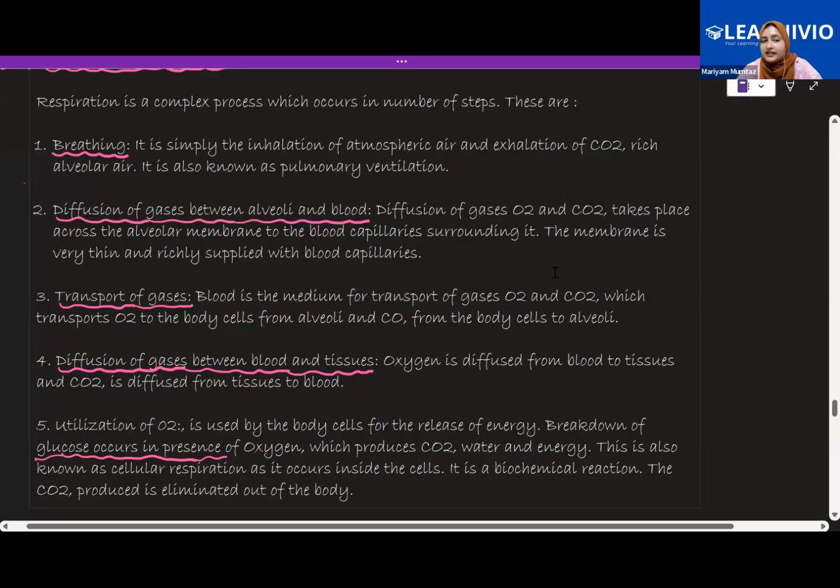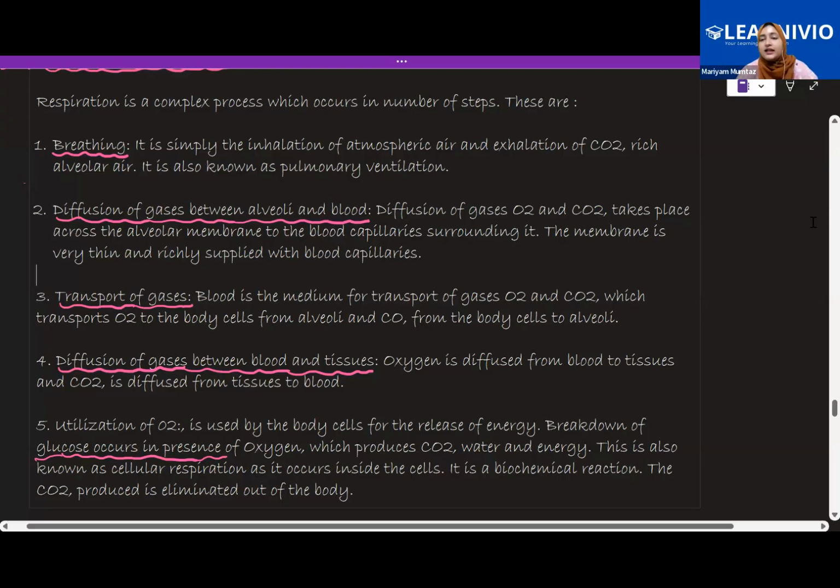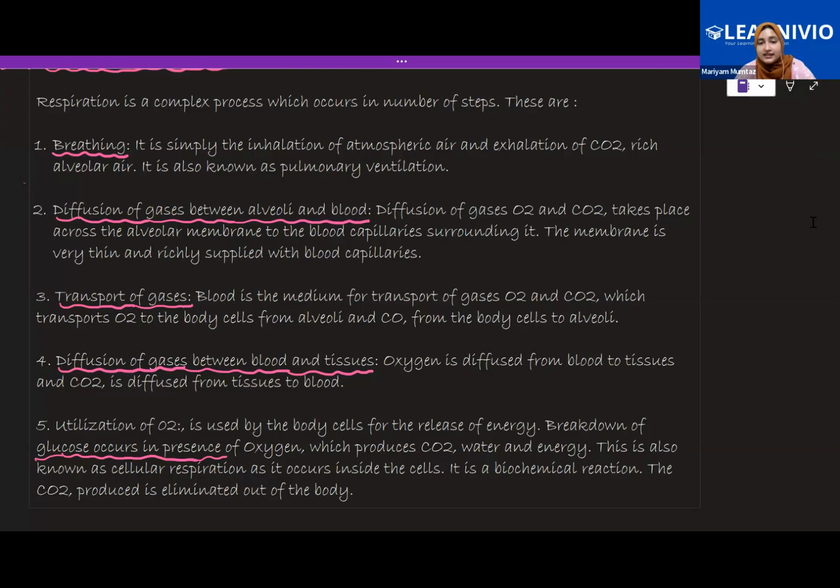The membrane is very thin and it is richly supplied with blood vessels. Now you all know that the thickness of the alveolar membrane is really thin, right? It's like millimeters.